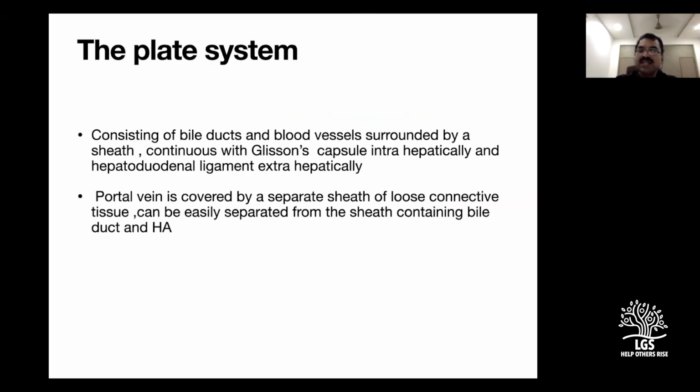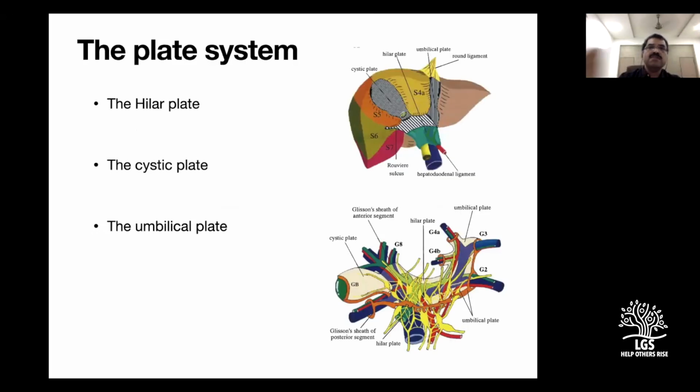But the hepatic artery and bile duct are very closely packed. So when there is a hilar cholangiocarcinoma, the infiltration of the artery is faster than infiltration of the portal vein, because there is some separation of the portal vein from the hepatic artery and the bile duct area. So this is the plate system.